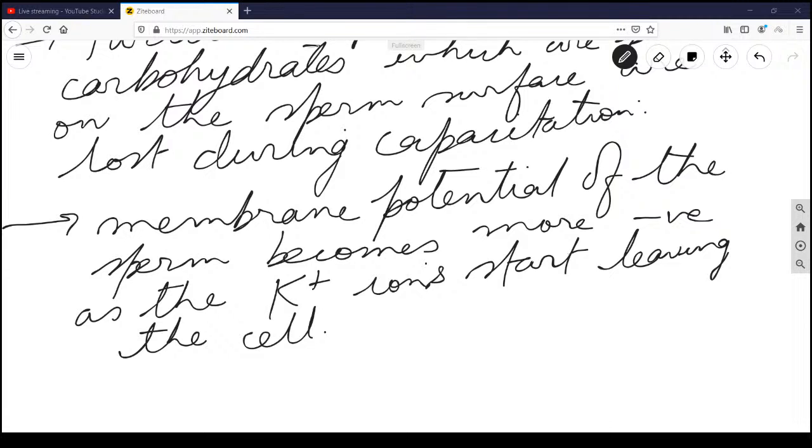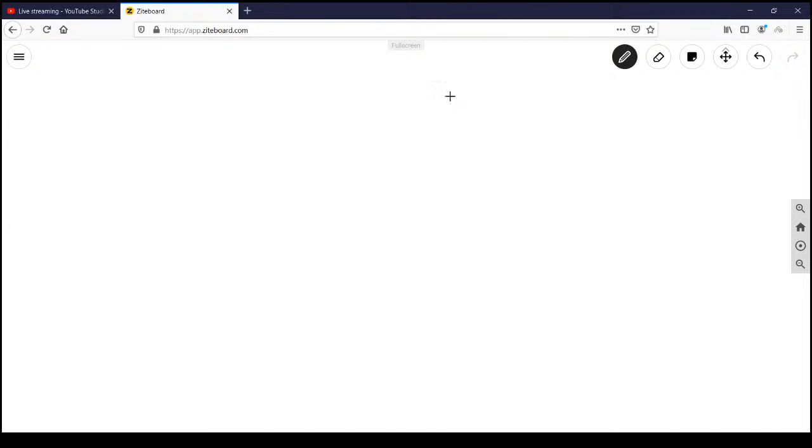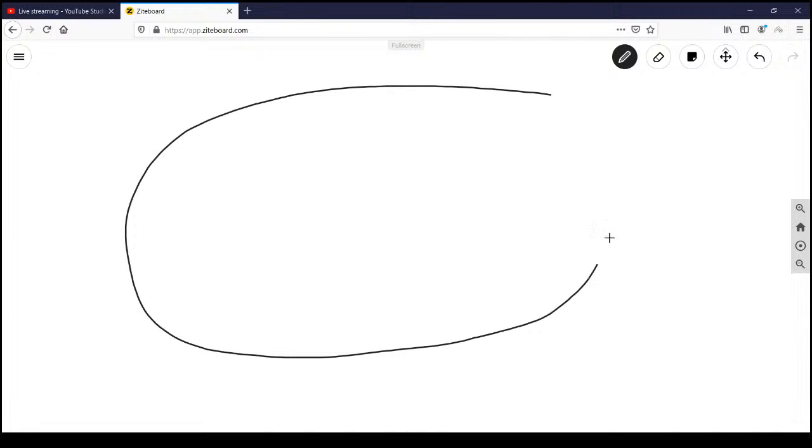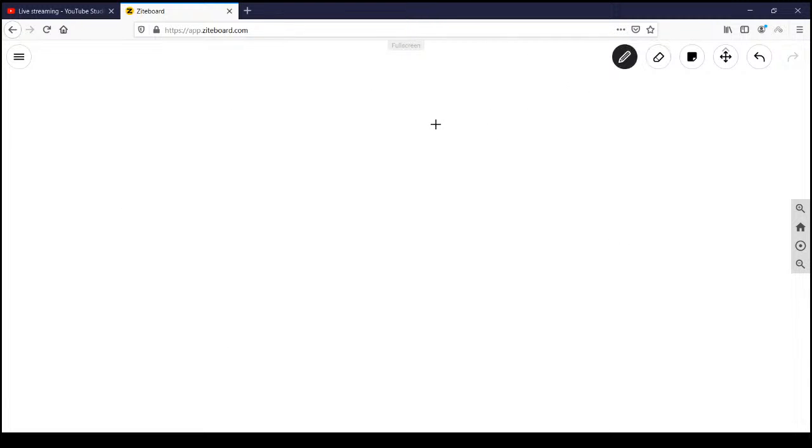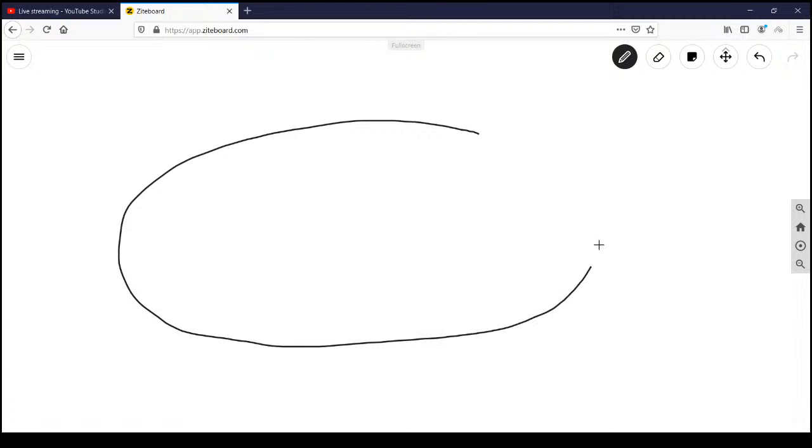Okay, so that is what happens. I'll tell you what can happen: you can have a cell membrane, the sperm cell membrane. Suppose this is the sperm cell membrane. This is the channel through which the efflux of sodium will happen.